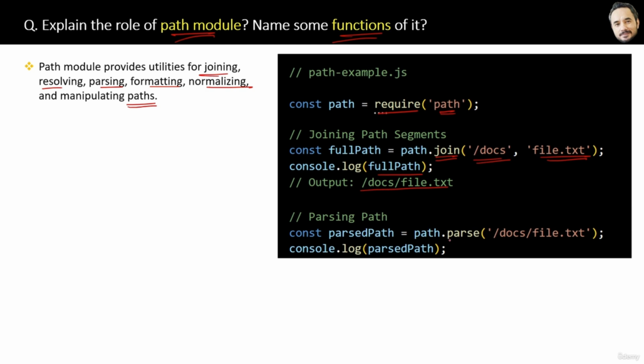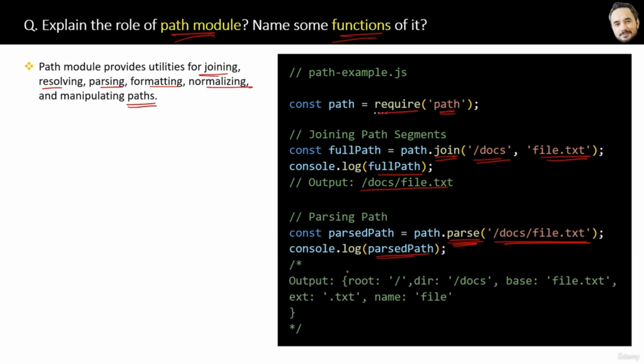Now the second method of path module is very important. This is parse method, which is used for parsing, okay? Now listen carefully. Parsing means whatever string you pass here as a parameter, our parse method will convert that string into an object, and that object I am printing here. See, this object will always have these properties: root name, directory or folder name, base name, file extension name, and file name. These are properties of the object.